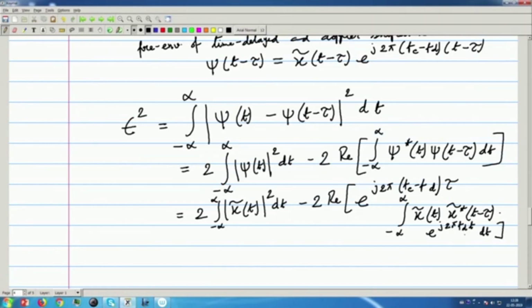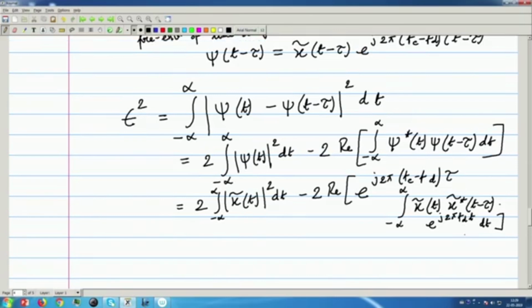So, to have both good range resolution and good velocity resolution, we again require that the function under this integration should be maximized.